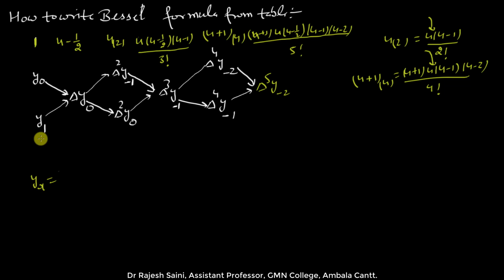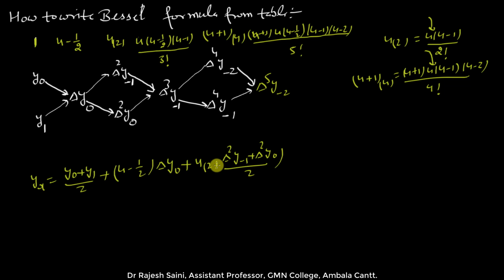yx is equal to, these are two terms, so mean of these, y0 plus y1 by 2. This is only one term, so this will be u minus 1 by 2 delta y0, plus these are two terms, mean will be taken, u2. Okay, one time I will write u2. This will be delta square y minus 1 plus delta square y0 by 2. Fine.